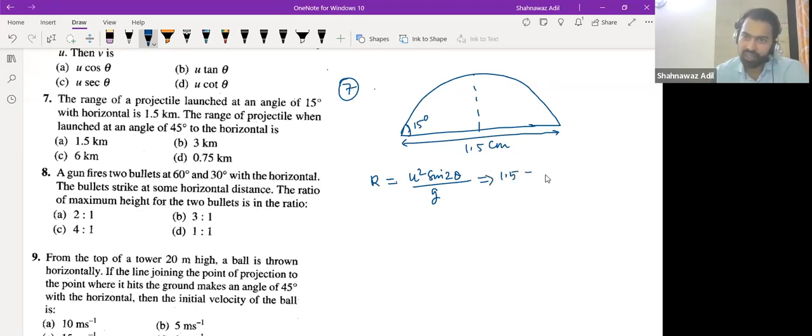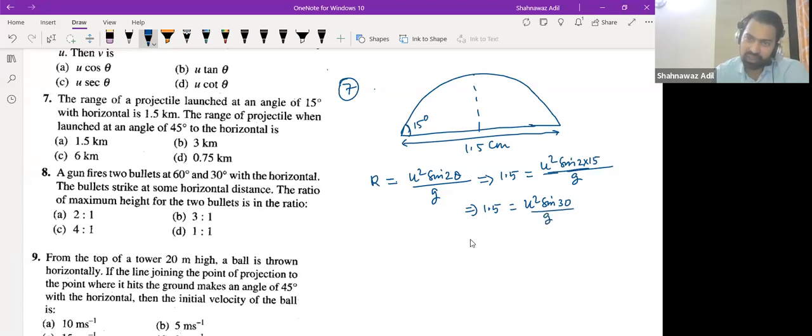The theta is given as 15 degrees, so sine of 2 into 15, that is sine 30. We don't know u, and we don't know g.